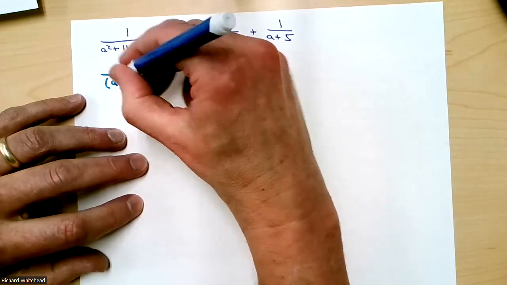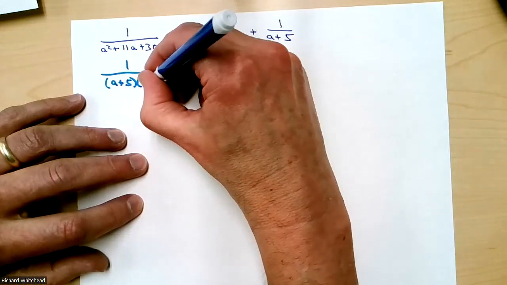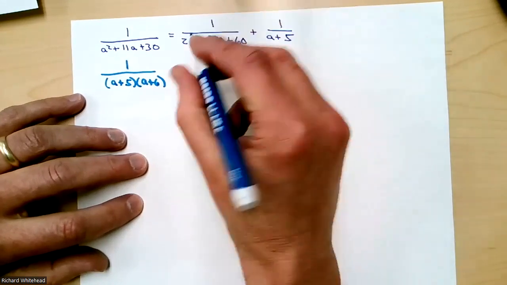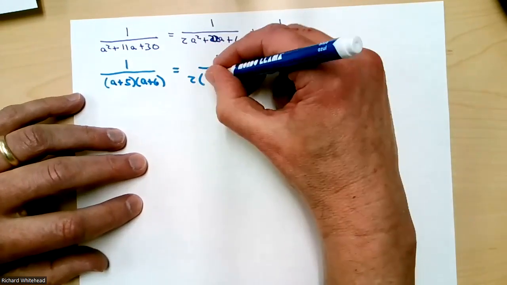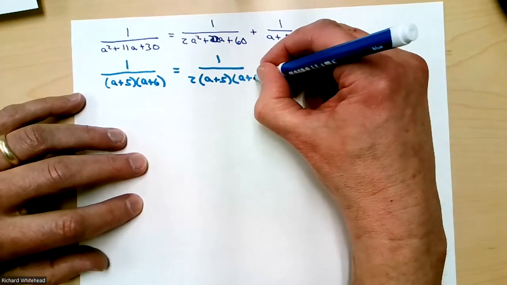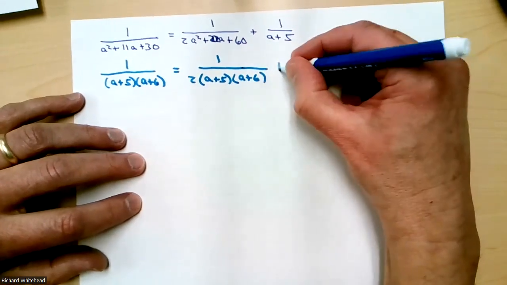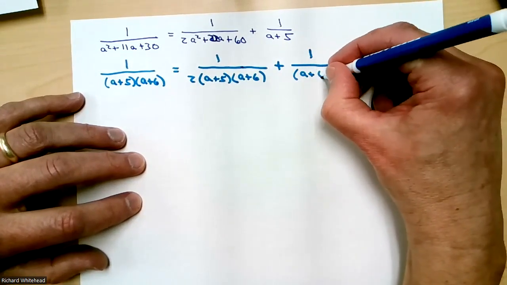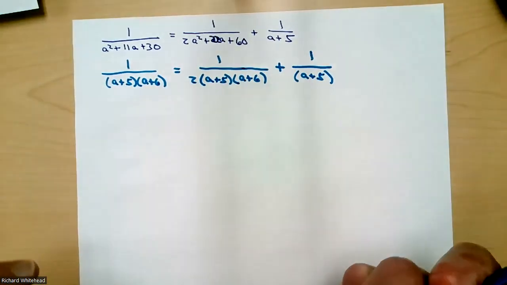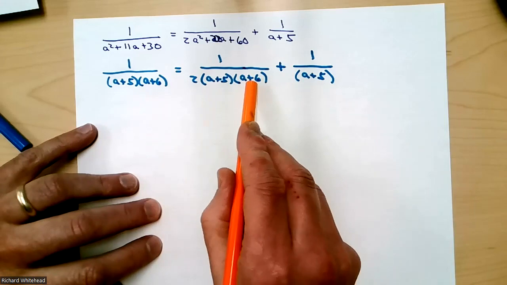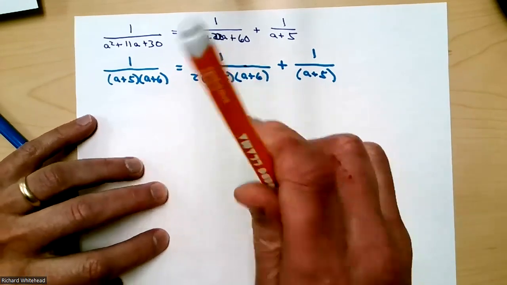How convenient. That factors to a plus 5, a plus 6 equals 1 over. See, I can factor out a 2, and then I get the same thing again. A plus 5, a plus 6 plus 1 over a plus 5. So who's my LCD? Well, a plus 5, a plus 6, a plus 5, a plus 5, and that one's got a 2.